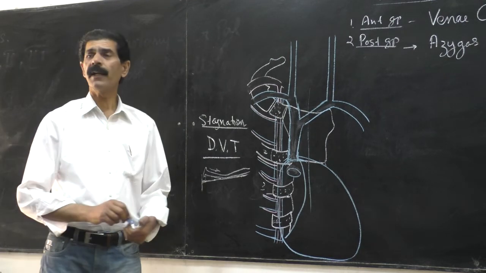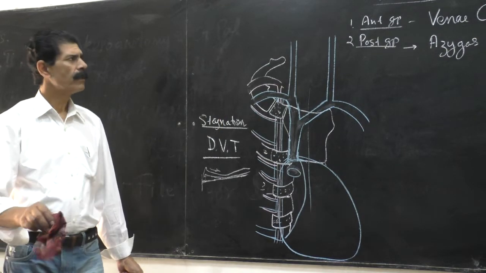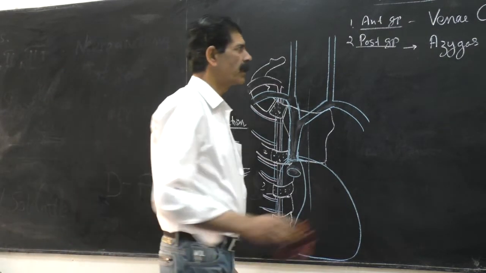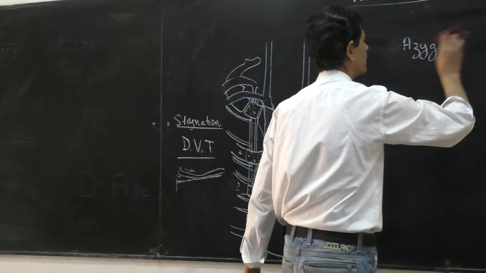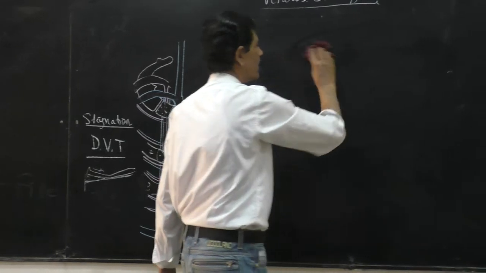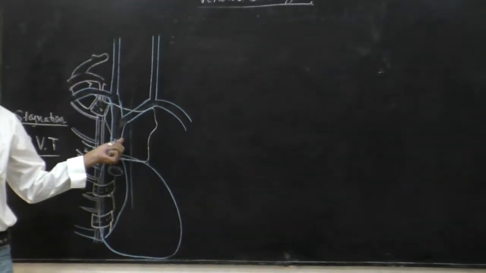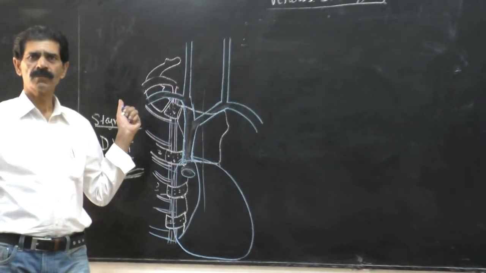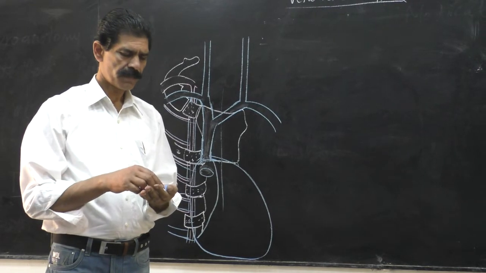Now, this was the anterior group of the venous system. Now we'll switch on to the posterior group, or what is called the azygos venous system. So anterior venous drainage we have done along with the upright anatomy, that is the DVT. Now we'll do the azygos venous system.